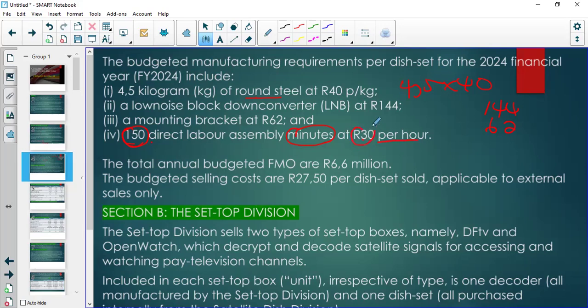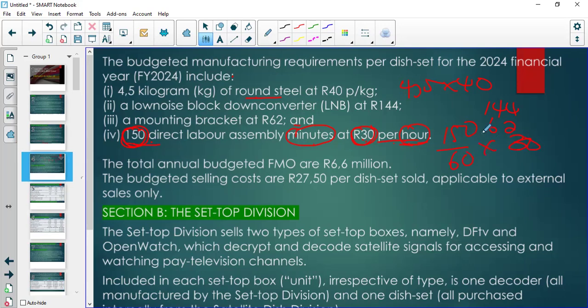So if the standard price here is per hour, then the standard quantity should also be hours per unit, right? You remember that. Or we could simply say here is minutes, so we need our standard price to be so many rands per minute, but it's generally more convenient to have it in terms of an hour. So because this is per hour, we need the standard quantity to be in hours as well. And then we're going to divide by 60, so 150 over 60 multiplied by 30, right?